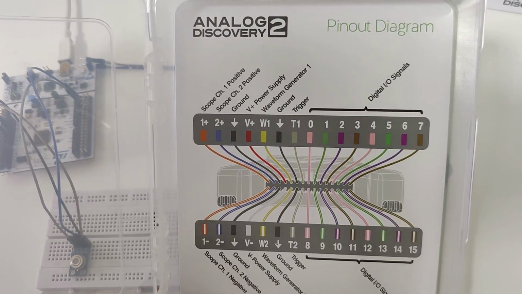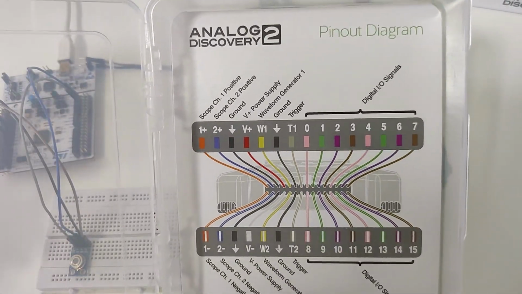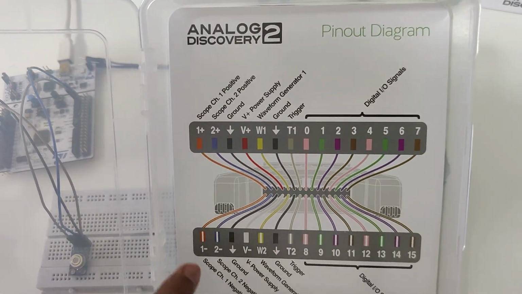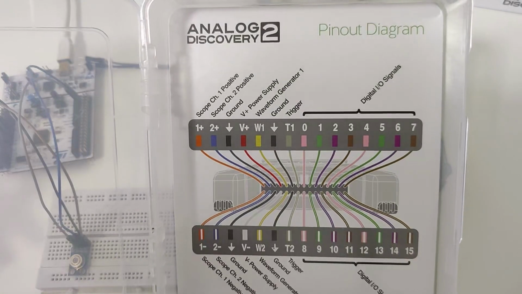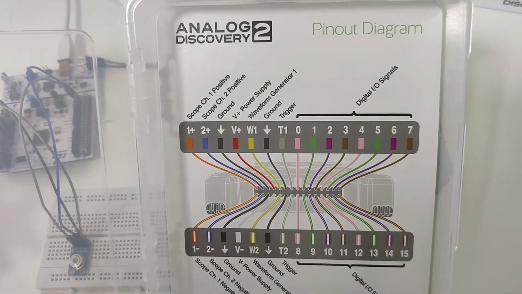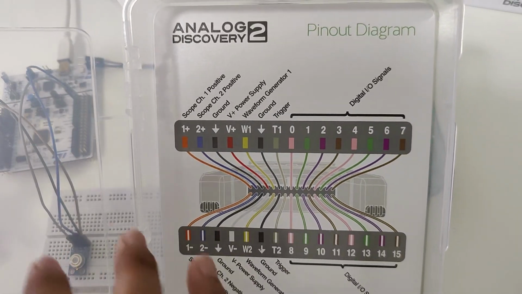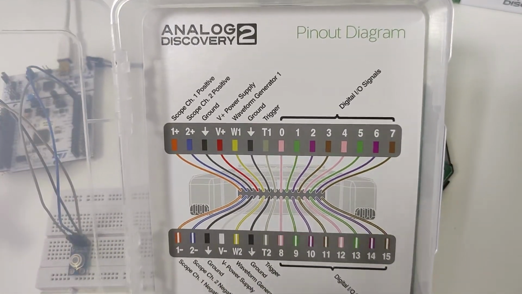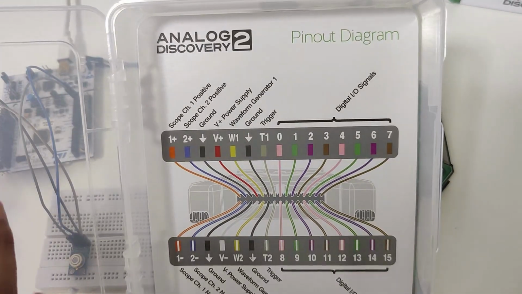AD2 is also capable of generating a power source with V plus and V minus or V plus and ground. So we can generate 3.3 volts, 5 volts. That can be used when we want to drive the whole circuit with AD2. But right now we are not doing that. We are keeping the power up with the STM.